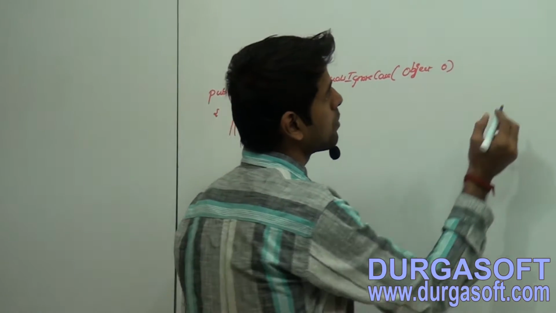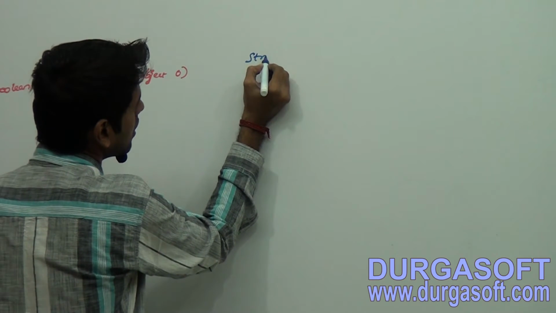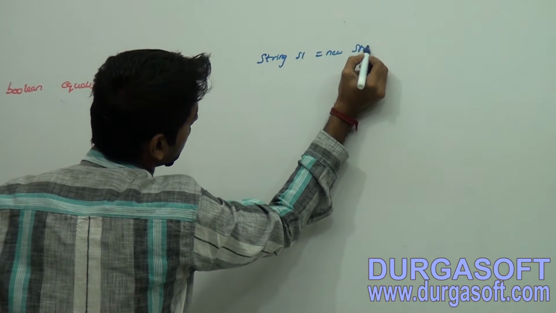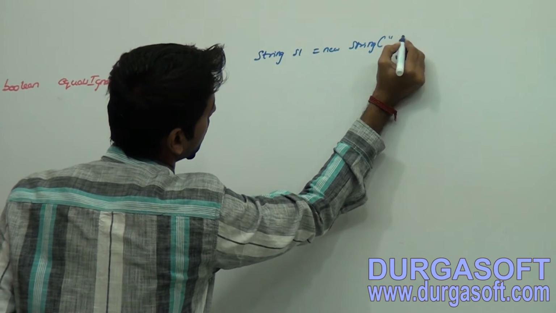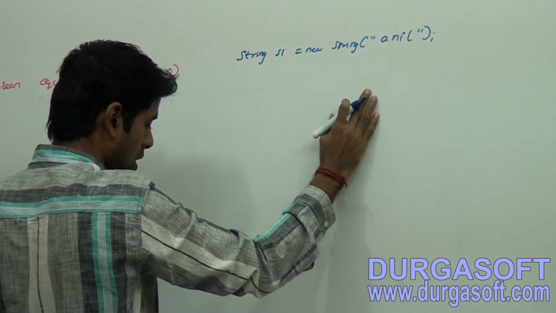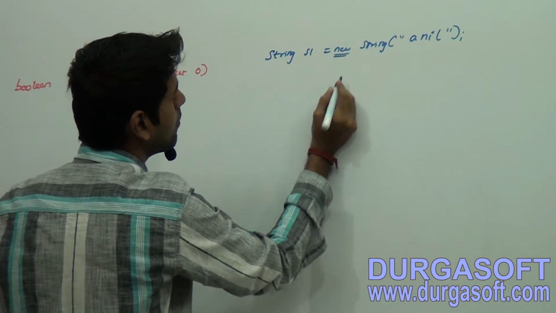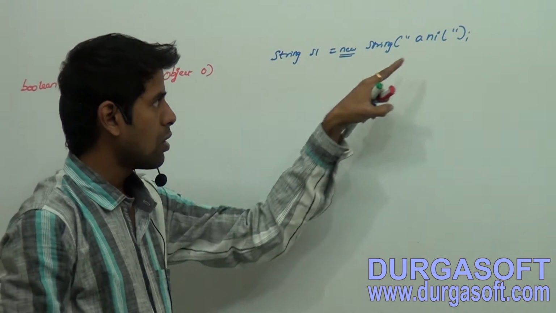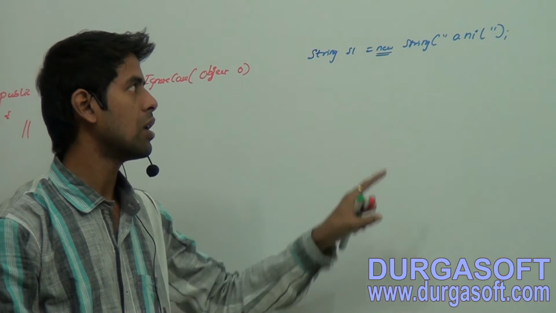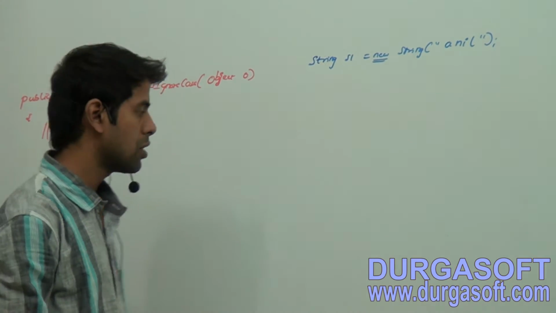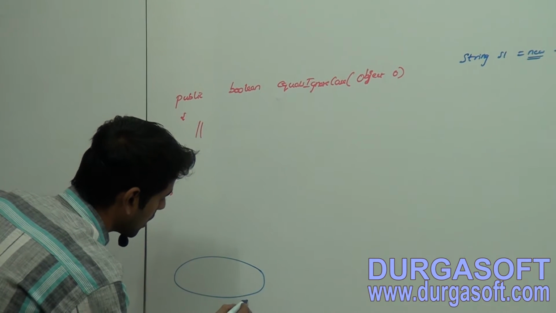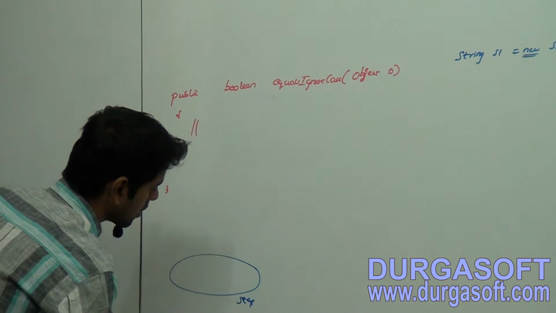Now observe here, because of this statement, String s1 = new String("Anil"). What happens because of this statement? Whenever the JVM encounters this statement, first it will execute the new operator, so memory allocation will be done for the string object.